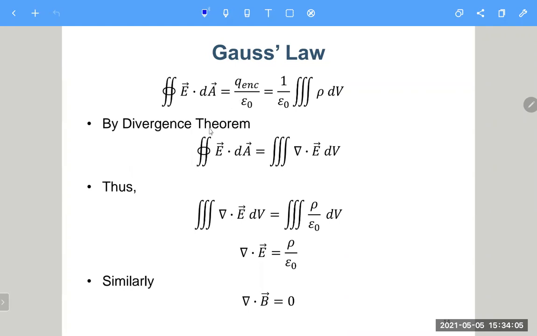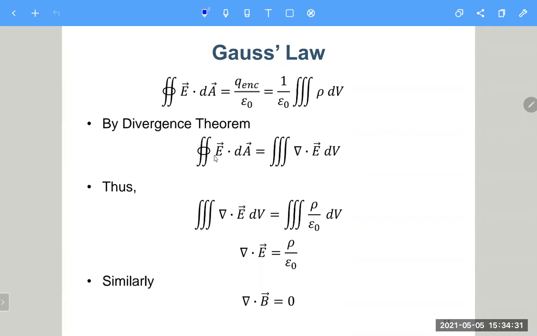So we can use the divergence theorem, which links the surface integral with the triple integral. But the difference is that on the left-hand side we only have the E field, but on the right-hand side we have the divergence of the E field.